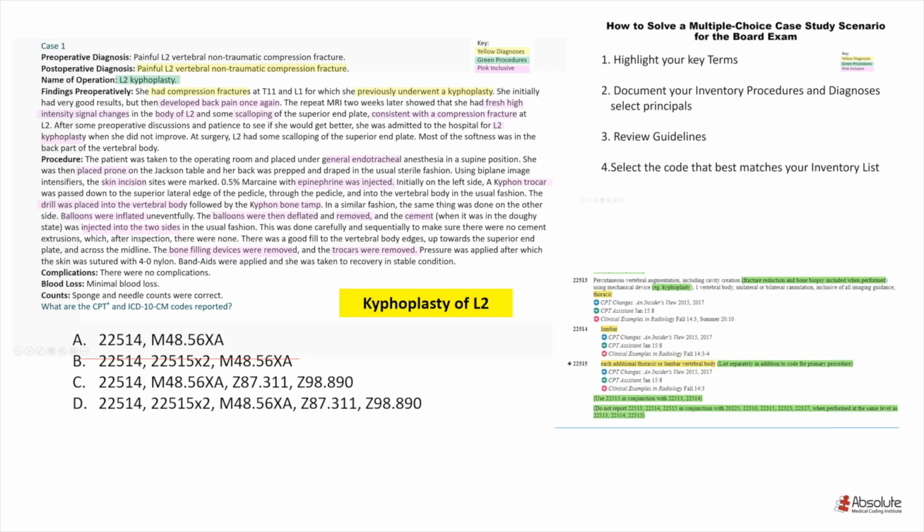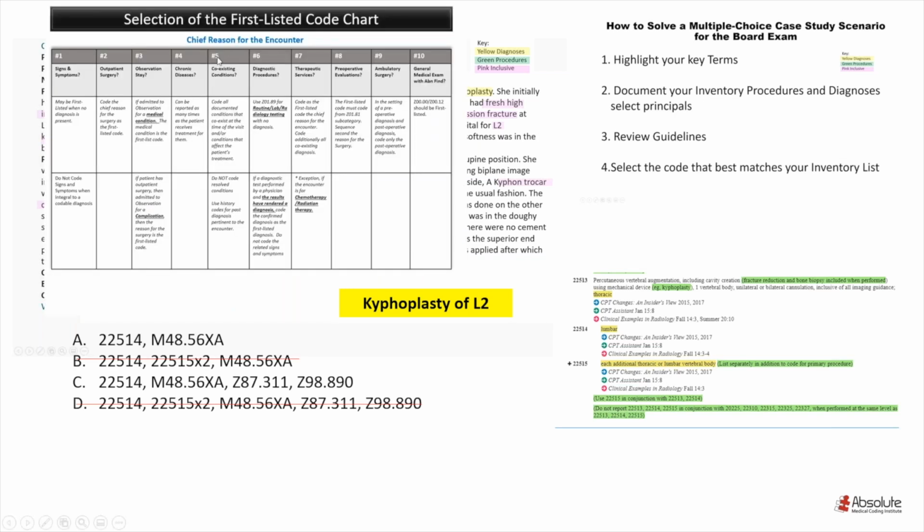It's important because if you recall the selection of your first listed code, on that first listed code chart, guideline number 5 says you're not supposed to code resolved conditions unless they are pertinent to the encounter. And if they are pertinent, make sure you use history codes for those past diagnoses. I just wanted to tell you that.